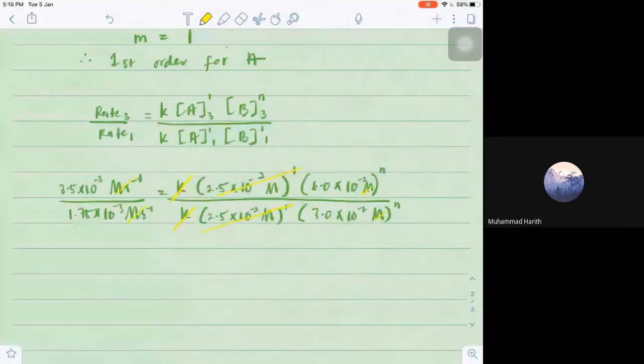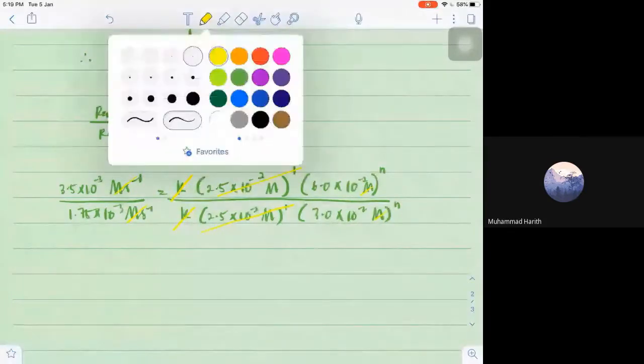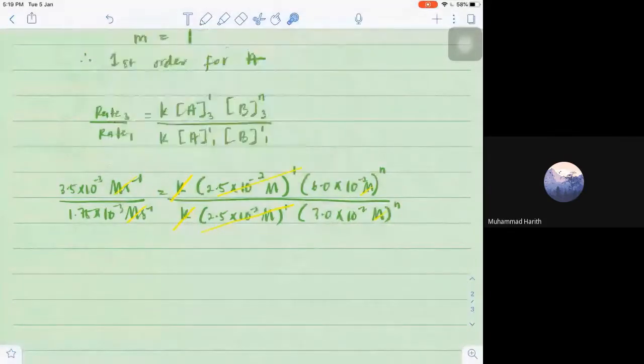What's left is just 3.5 over 1.75, which is equal to 2, equal to 6 exponent negative 2 over 3 exponent negative 2, power of N.